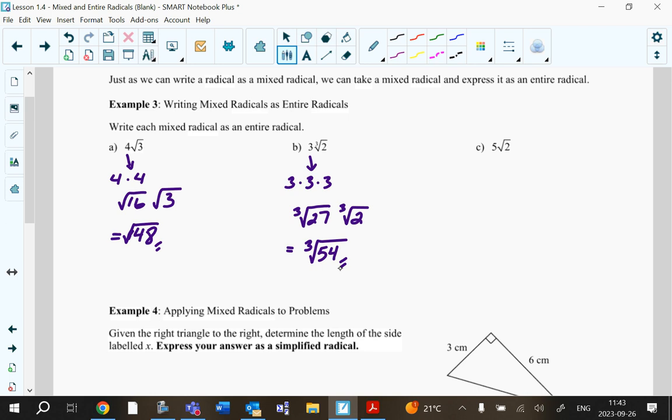Try C. You should be able to do C. Square root of 100.